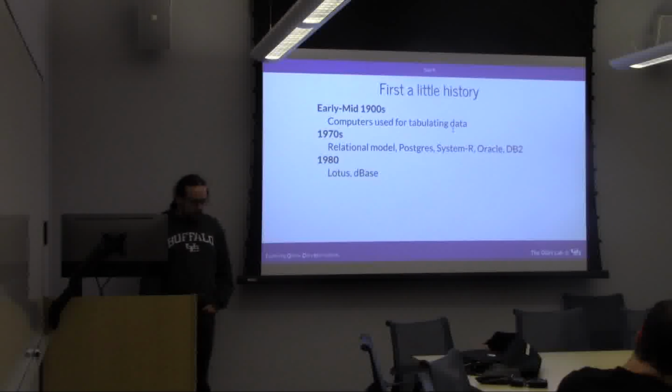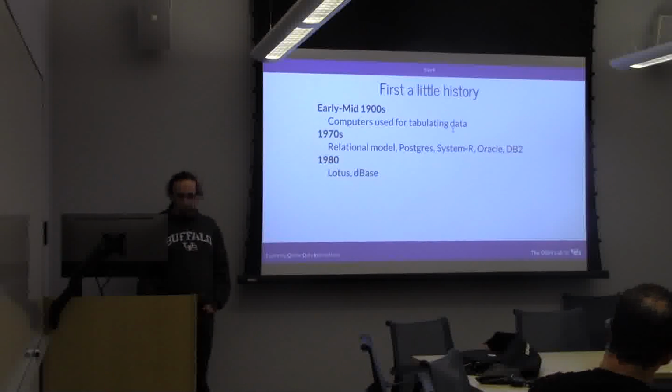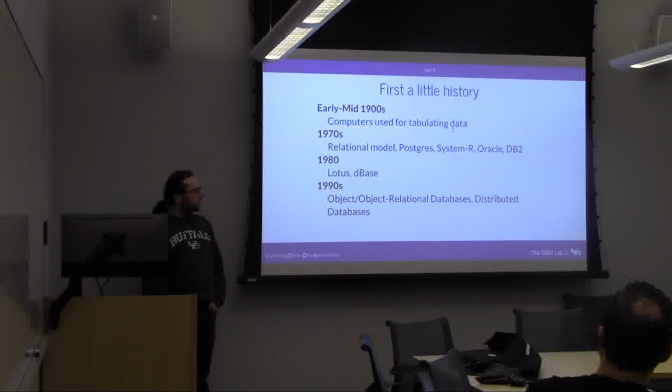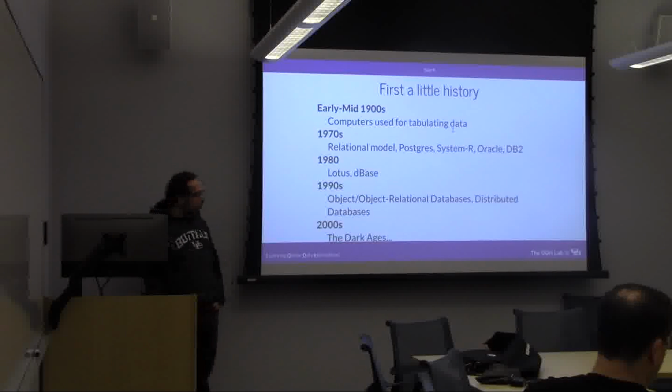Then we had a couple of desktop databases, Lotus and dBase. The 1990s rolled around. We started getting really fancy types of databases dealing with objects, and object relational databases. And then the 2000s rolled around and we hit kind of the dark age of databases.